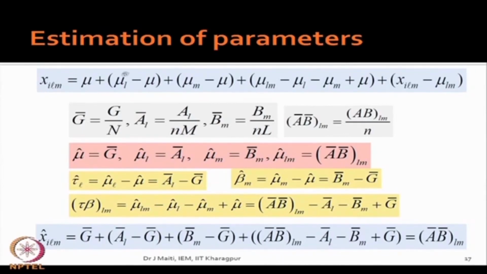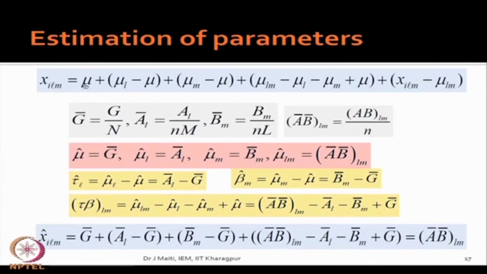Mu plus mu_L minus mu, this is the A effect, mu_M minus mu, that is the B effect, then mu_LM minus mu_L minus mu_M plus mu, this one is your interaction. You see that you have taken here mu_L, so you are subtracting mu_L, here mu minus mu plus mu, so it is cancelling. Finally, X_ILM minus mu_LM, because one mu_LM is added here, and this is the partition.